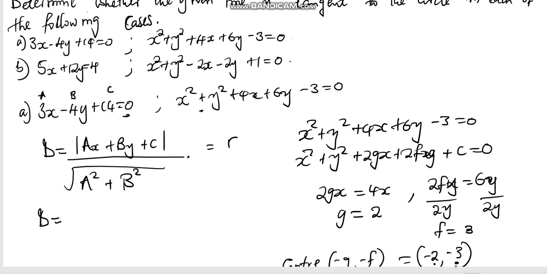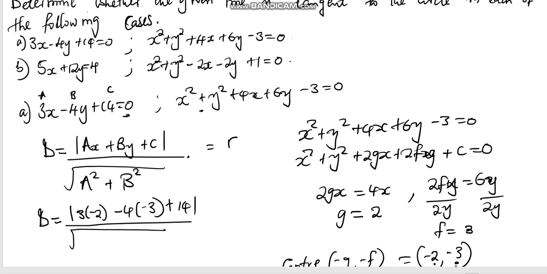So we get the modulus of 3 multiplied by negative 2 minus 4 multiplied by negative 3 plus 14, divided by the square root of 3 to the power 2 plus 4 to the power 2.